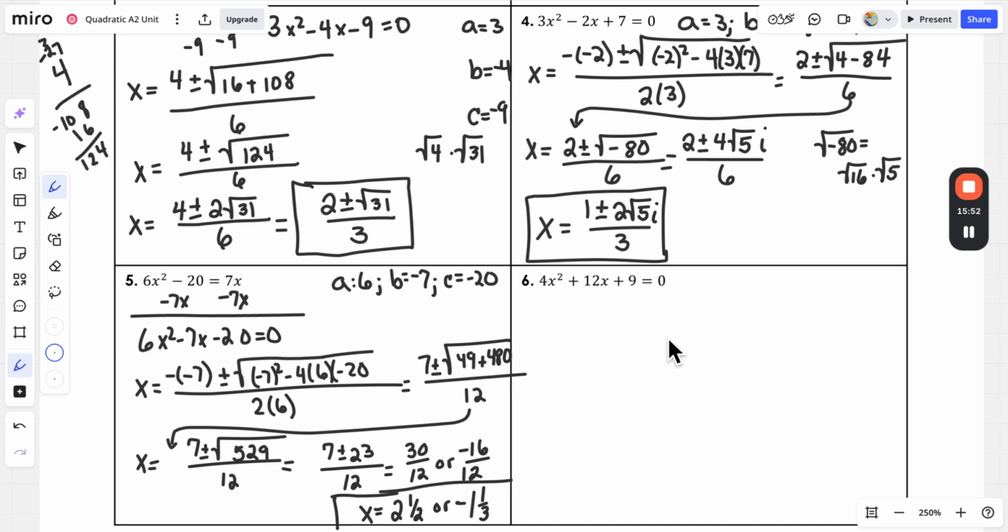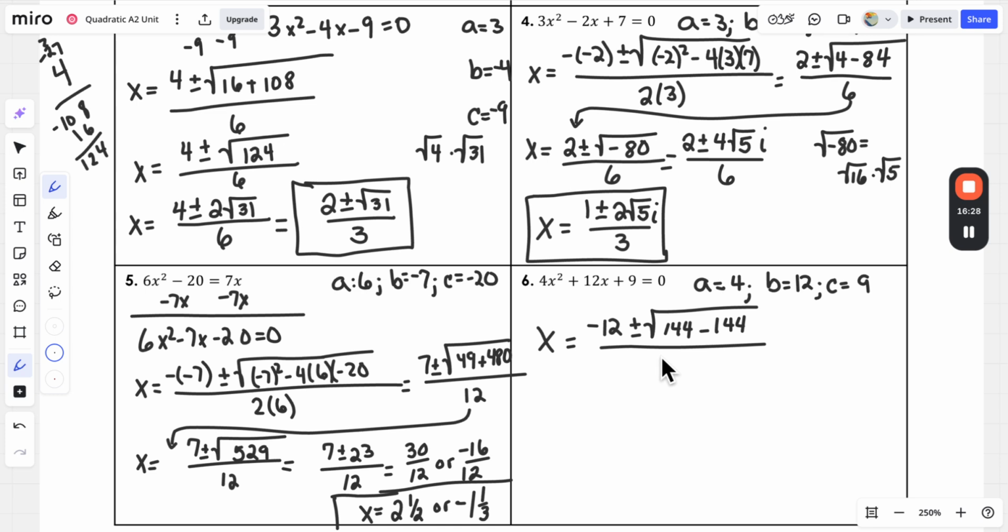Let's go ahead and just work this last one together. A is equal to 4, B is equal to 12, and C is equal to 9. X is equal to minus B plus or minus the square root of B squared minus 4AC. 4 times 4 is 16. 16 times 9 is 144.